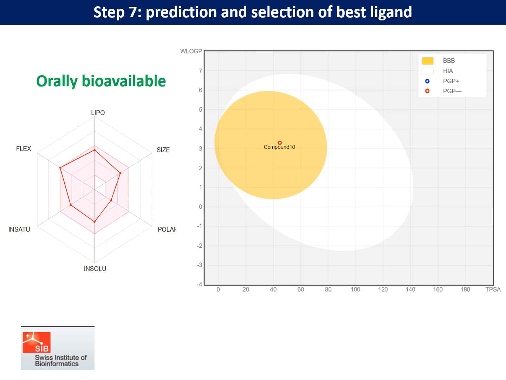Next, as you can see, this is the structure of compound number 10 here. The pink area indicates that the compound belongs to the optimal range, and compound number 10, as mentioned in the figure here, belongs to the optimal range. It means that compound number 10 is orally bioavailable.